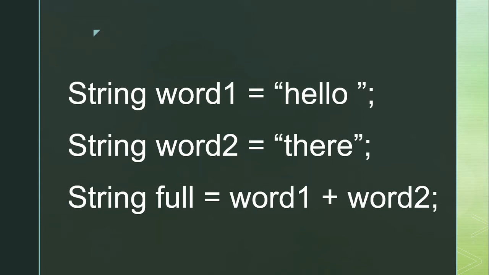Same goes for both of the values being stored inside the variables. So over here, if we store hello into one variable, there into another variable, and we add those two variables, they will produce a long single string, which will then be stored using the assignment operator into the variable full.